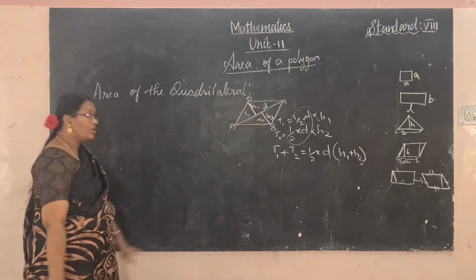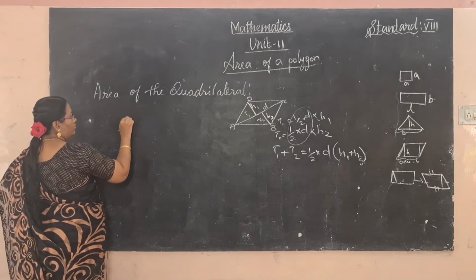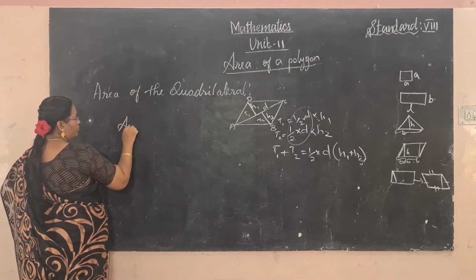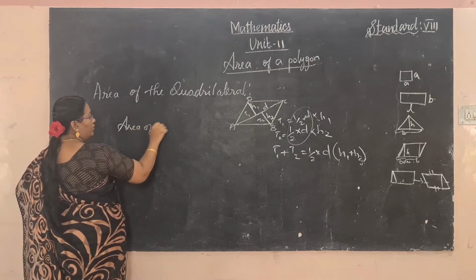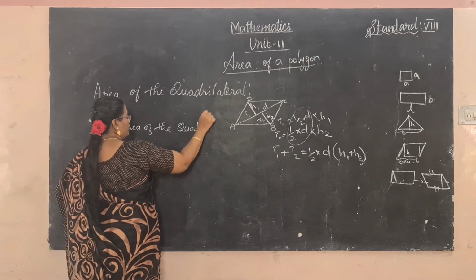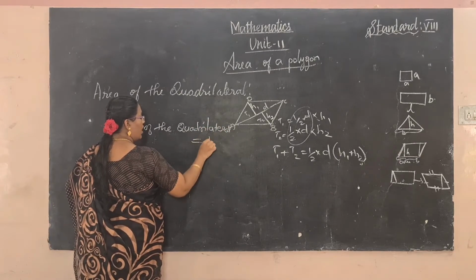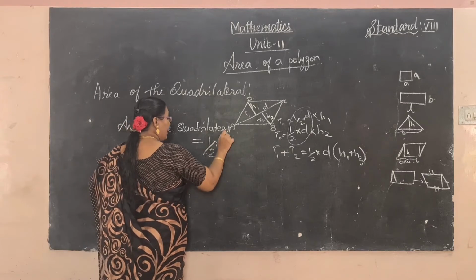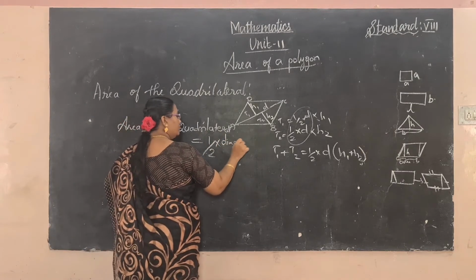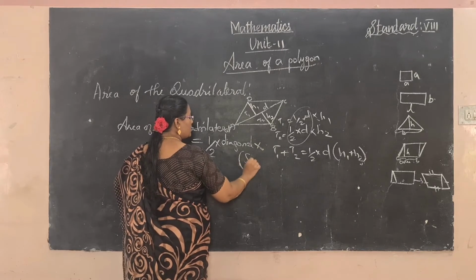This is the formula for the quadrilateral. So area of the quadrilateral is equal to half into diagonal into sum of heights.